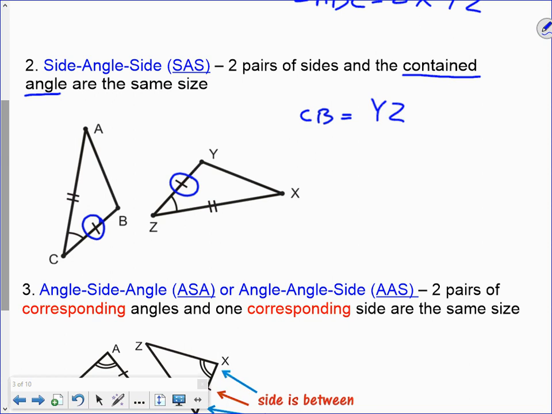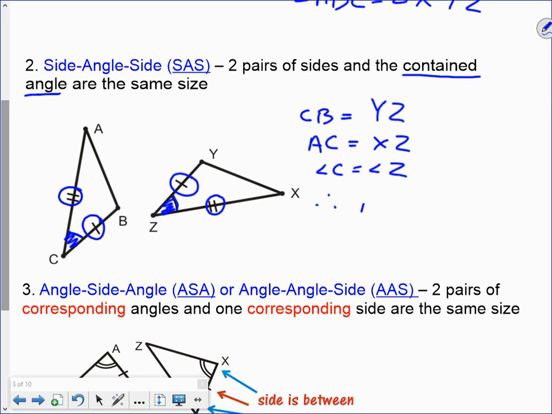We have that side AC is equal to side XZ. And the angle between the two of them, the contained angle, are also the same. And that's what that little arc means that we see right there. So angle C is equal to angle Z.